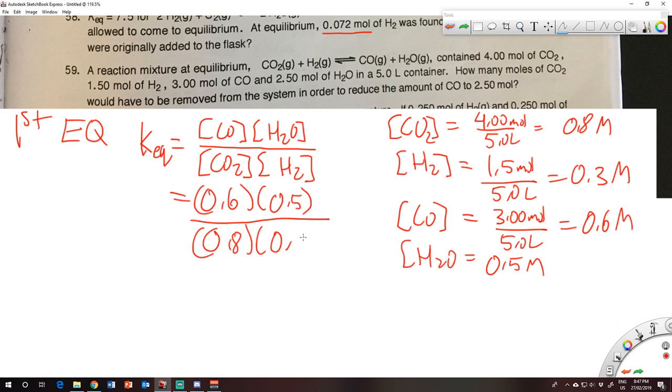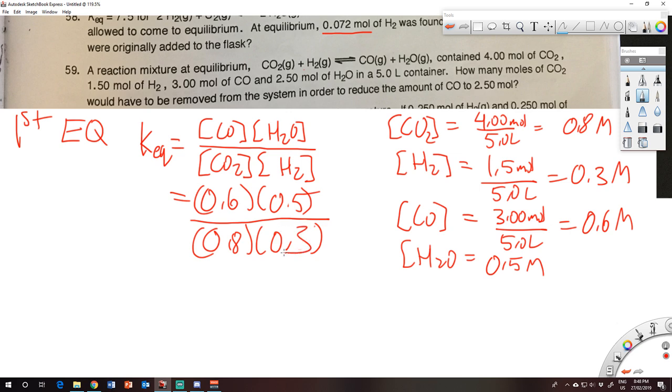This is supposed to be 0.3 because that's the concentration of H2.